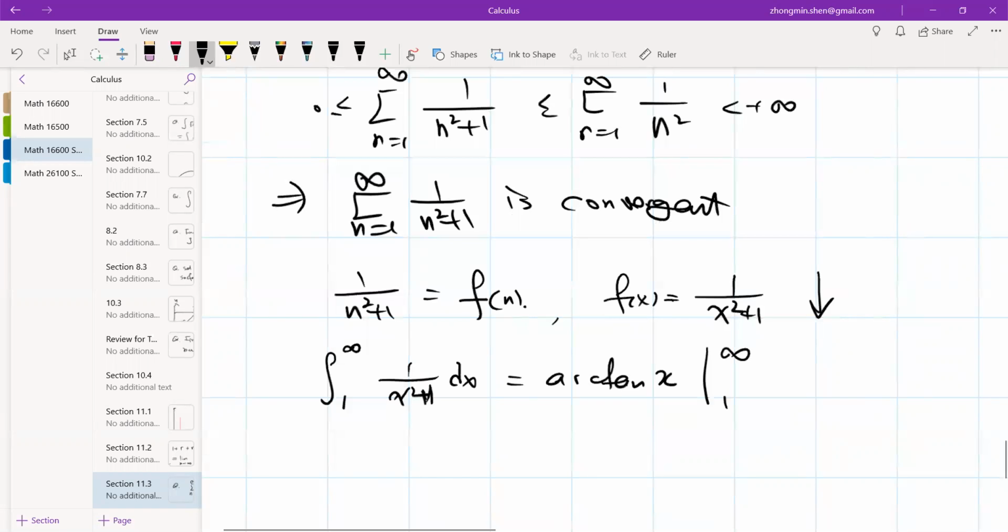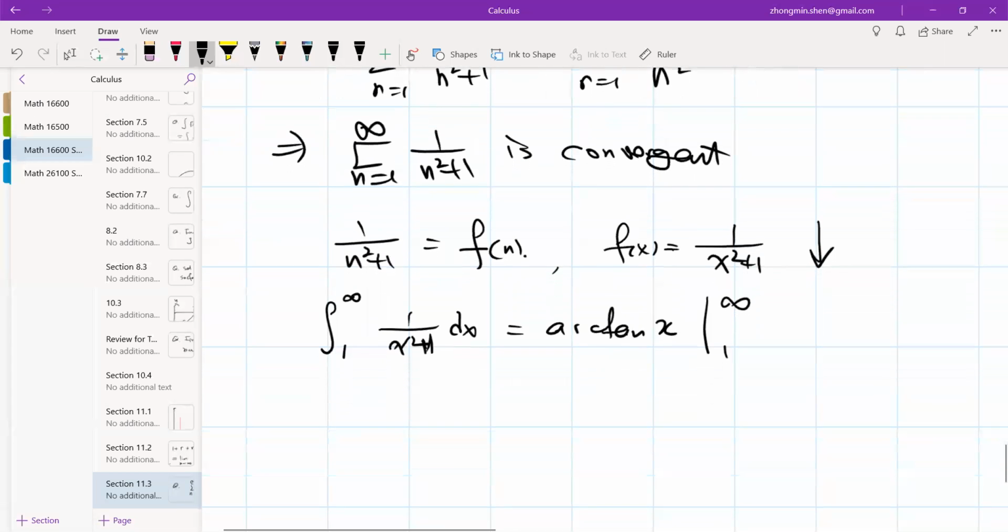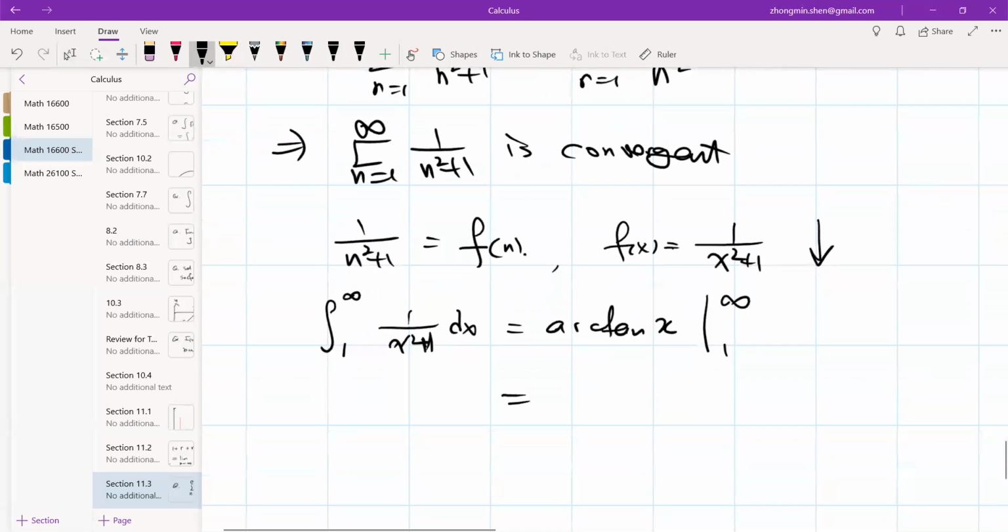The derivative of arctangent is 1 over x squared plus 1. So when x goes to infinity, arctangent of infinity is pi over 2. Yes, pi over 2, right? Then arctangent of 1 is pi over 4. So it's pi over 4. Okay?